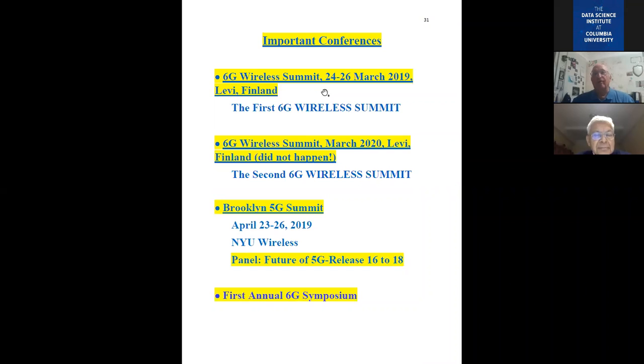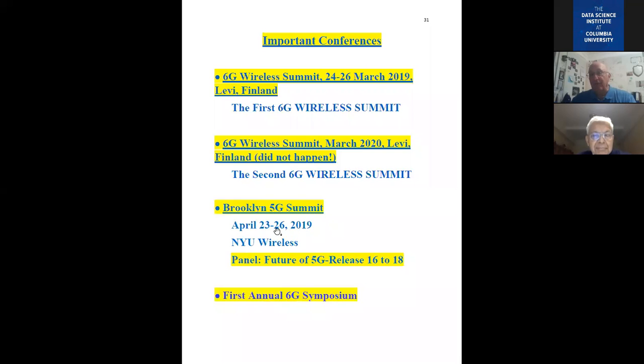First of all, this conference that I mentioned was in March of 2019 in Finland, at the University of Oulu. They were supposed to have another meeting this March, and because of the present situation, it was a wireline meeting. But you can actually get on the internet and get some white papers that have to do with 6G.